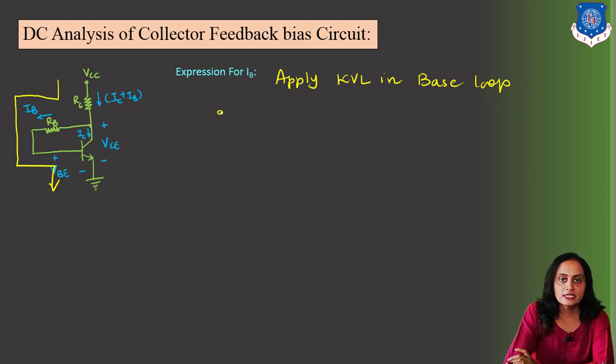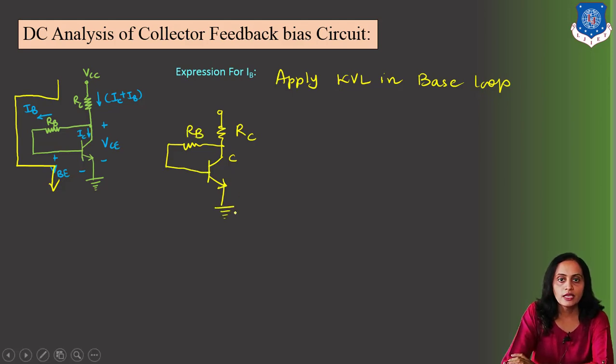So I am drawing that circuit again. From VCC we have one resistor, that is RC, connected to the collector of the BJT. This is the collector terminal, and this RB is connected from the collector terminal to the base. This is RB, and the emitter terminal is grounded.